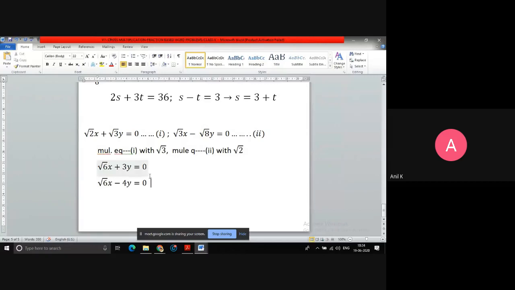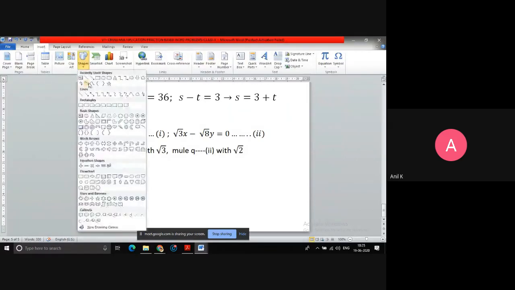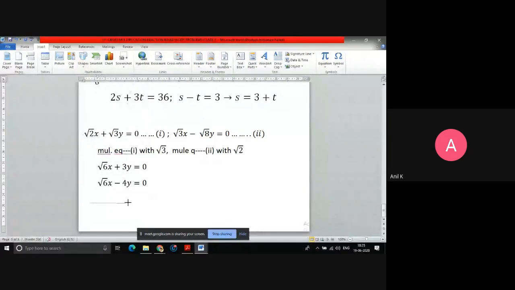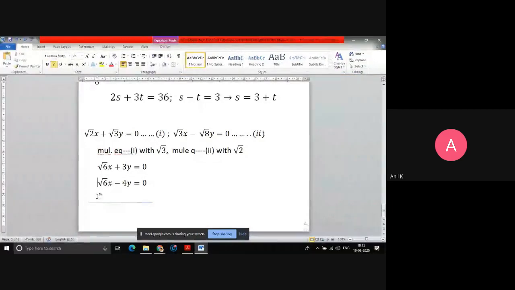So I got both the equations. What is our next step going to be? You have to check the signs, whether you have the same signs or opposite signs. Here root 6 and root 6 have the same signs. So I'll interchange the signs.